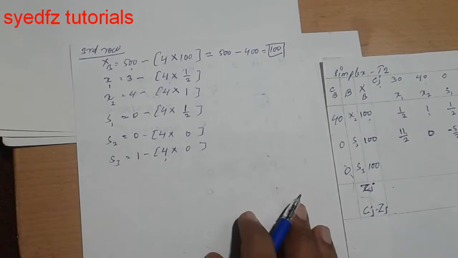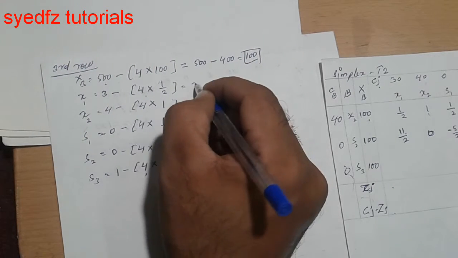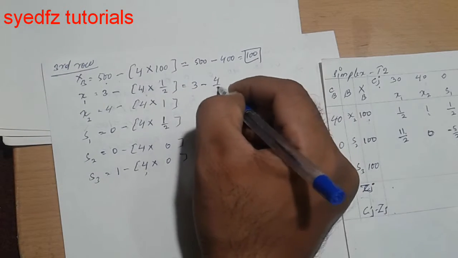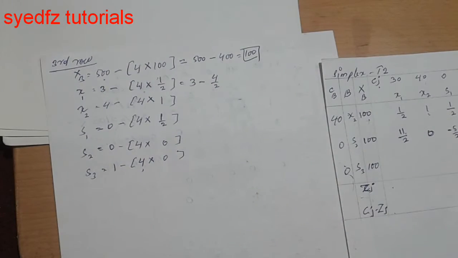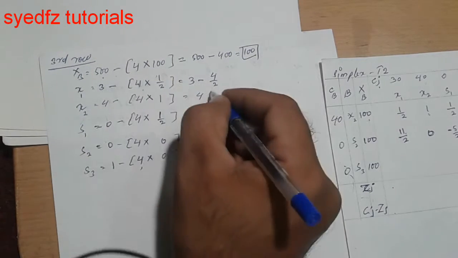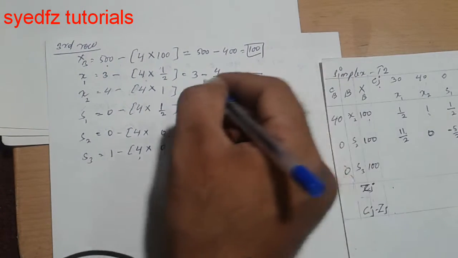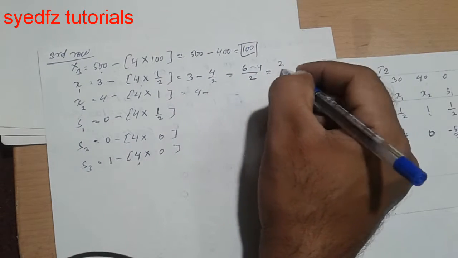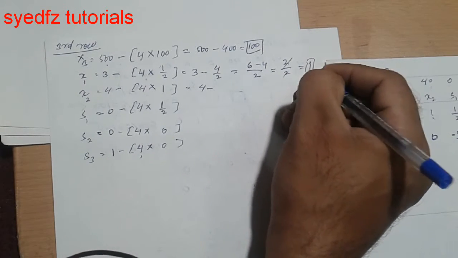How can you do it? This 3 remains, minus 4 into 1, 4 divided by 2, plus into minus into plus, minus. Here also 4. This minus remains. First let's complete here. Take LCM. 2, 3 2s are 6. 6 minus 4, 2. 2 divided by 2 is 1, the answer for x1.